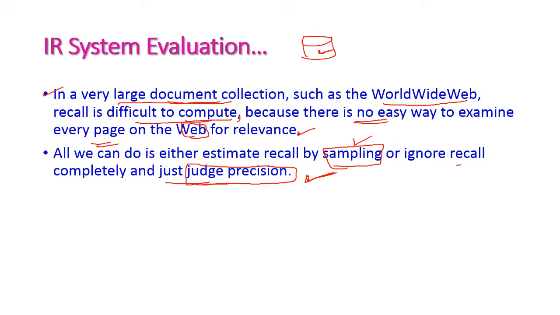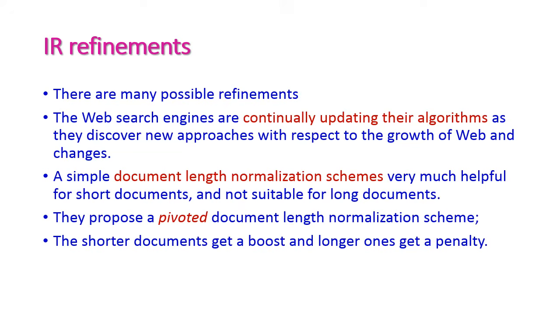Here, on refinement: there are many possible refinement algorithms implemented for web search, and the search engines are continuously updating their algorithms and discovering new approaches with respect to the growth of the web and changes in the web.